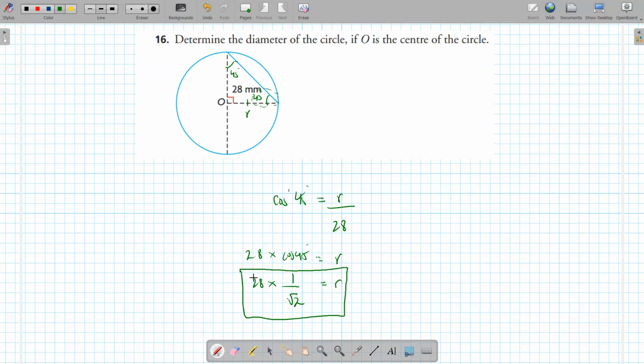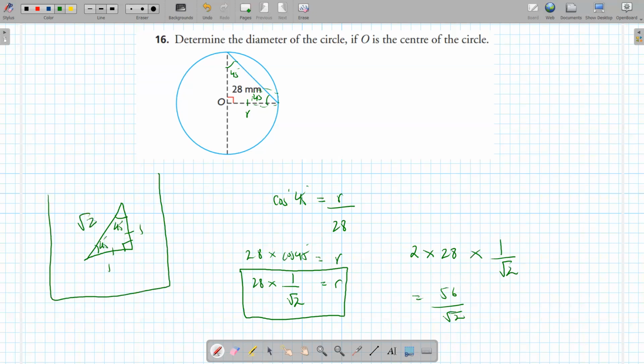We're looking for the diameter, you just double this. 2 times 28 times 1 over root 2. It is going to be 56 root 2. Cosine 45 is 1 over root 2 because of the special triangles. To find the exact value of cosine 45, you want to look at this special triangle.